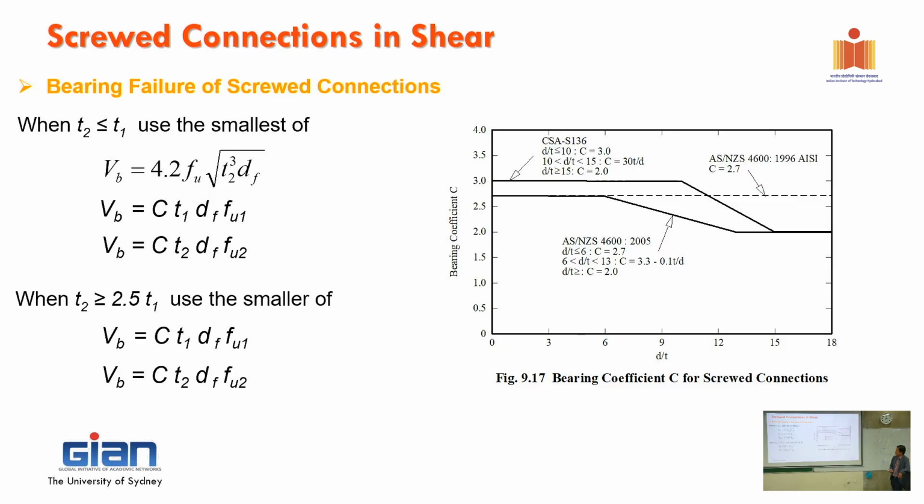And you can see here, the ratio between two thickness. If the thickness 2 is a lot bigger than thickness 1, then you have to use a slightly different equation. So it's more complicated than the bearing equation that you use in bolted connection.